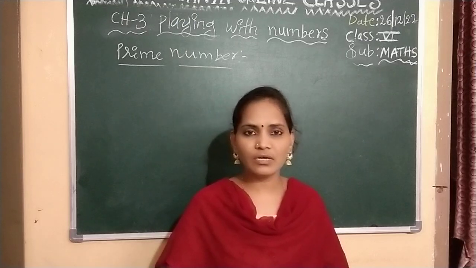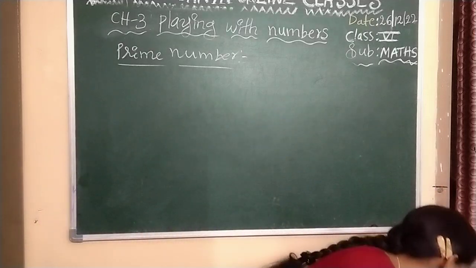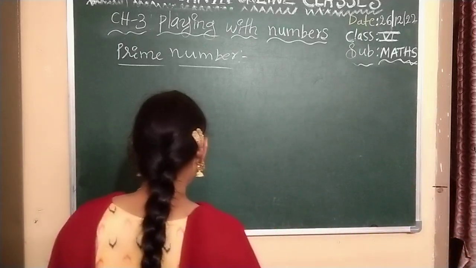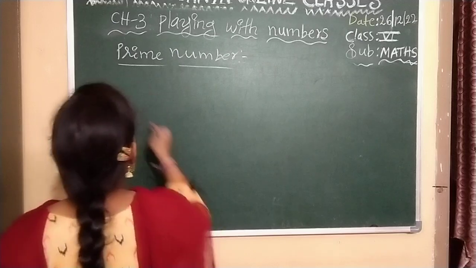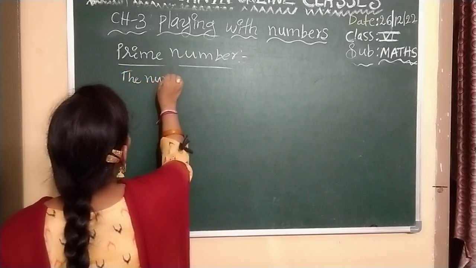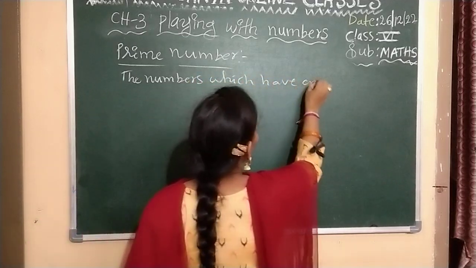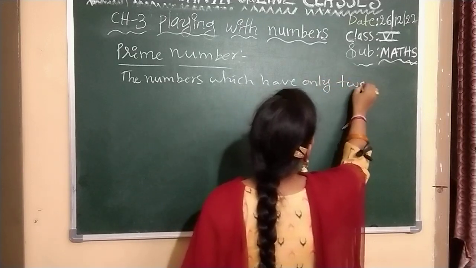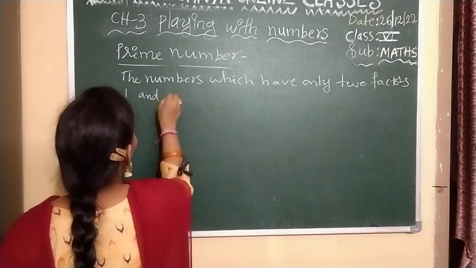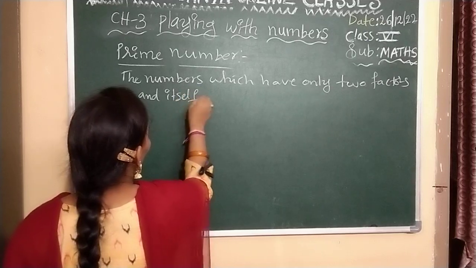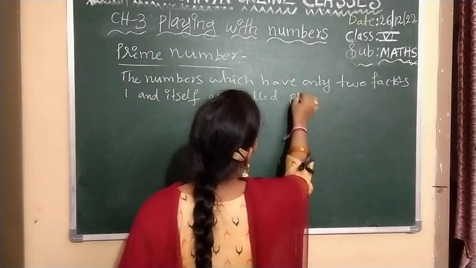The numbers which have only 2 factors. What are those 2 factors? 1 and the number itself. These are called prime numbers.